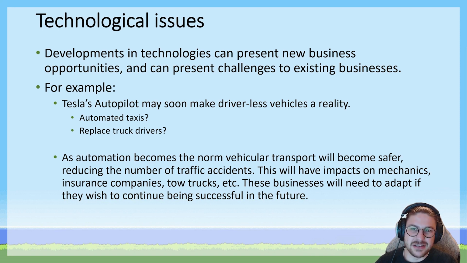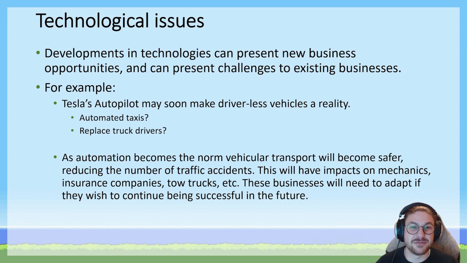And certainly if automation becomes much more popular on the road and eliminates human error from driver interactions, we can expect to see a decrease in the number of traffic accidents. There might be a decrease in the number of road fatalities. If there's a decrease in the number of traffic accidents, what impact will that have for car insurance companies?